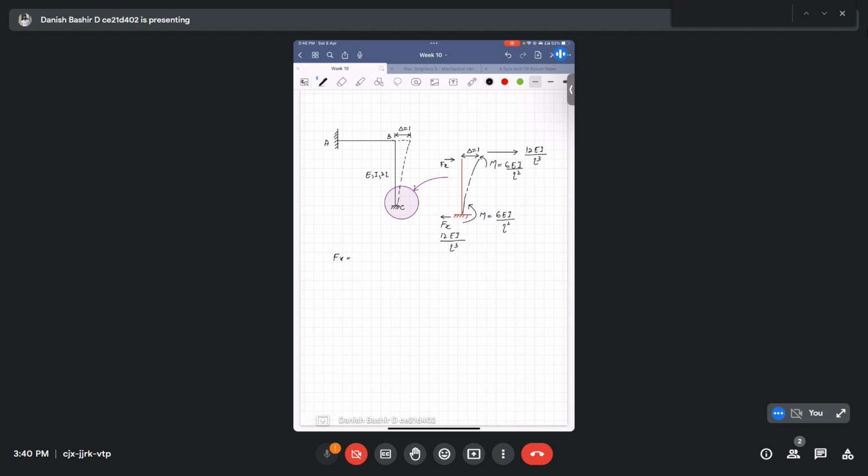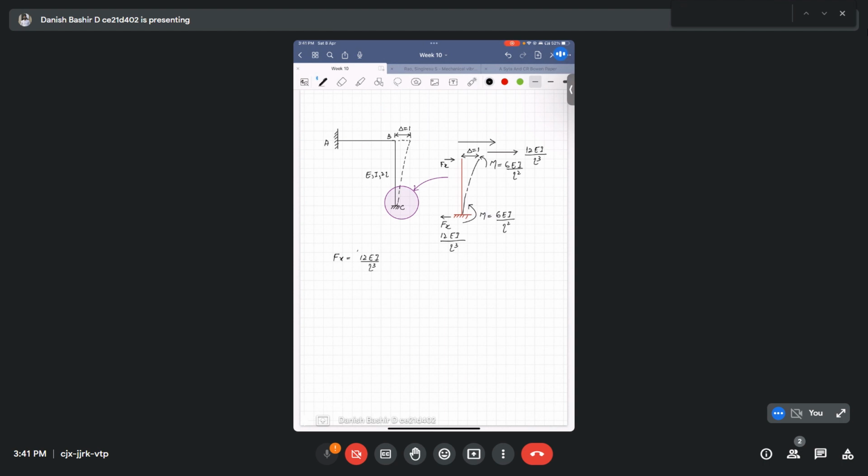Fx will be equal to, but we have to take this force as positive because the force is getting generated in the direction in which we have applied the displacement. We applied displacement in the positive x direction, and force is also getting developed in that direction. So Fx will be equal to 12 EI by L cube. Okay, so it is actually a first element.